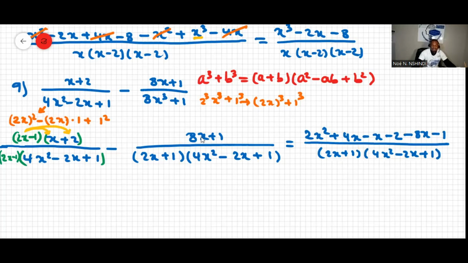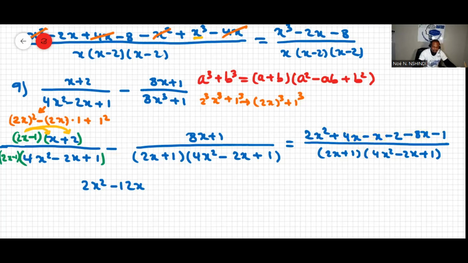And then we can combine the like terms, okay? So that will make 2x squared, 4x minus 8x, that makes negative 12x. And then we have 4x, negative x, and that makes negative 13x.